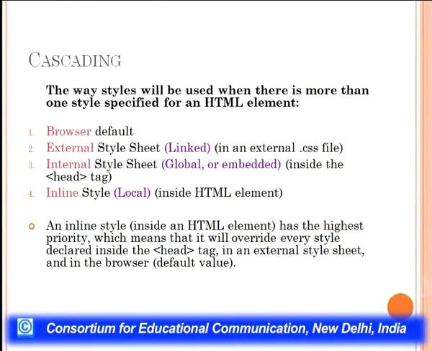So an inline style inside an HTML element has the highest priority, which means that it will override every style declared inside the head tag or in an external style sheet and the browser default value. This is also used for conflict management, like when there is a similar kind of declaration.